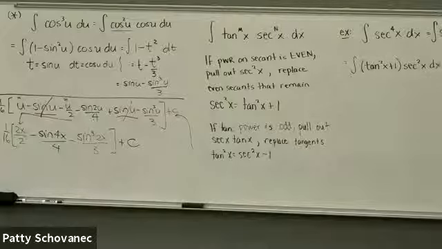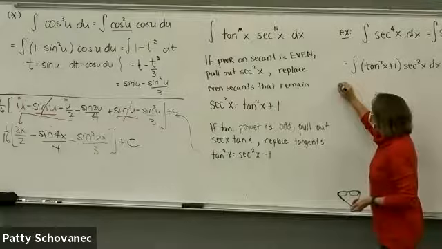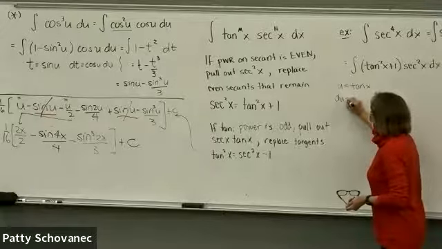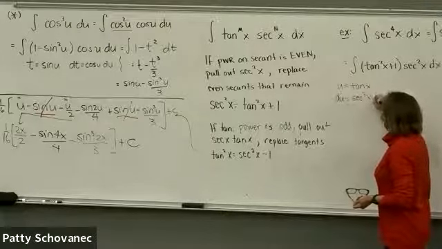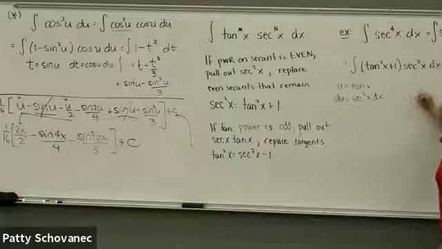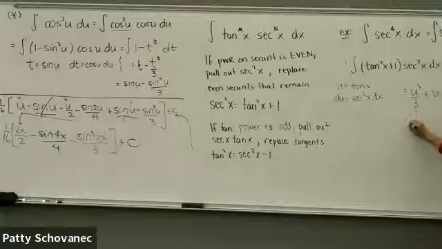Now you do a u du substitution where you take u to be tangent, and the du is the secant squared. We're just integrating u squared plus 1 times du. So u cubed over 3 plus u, and u is a tangent.